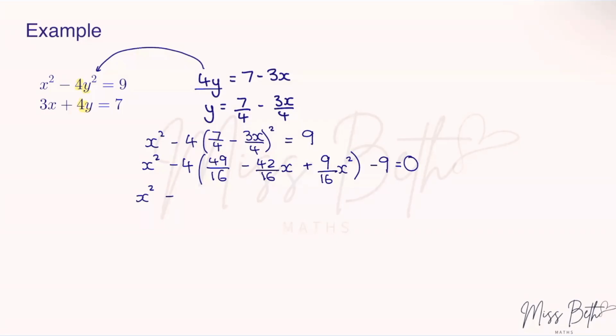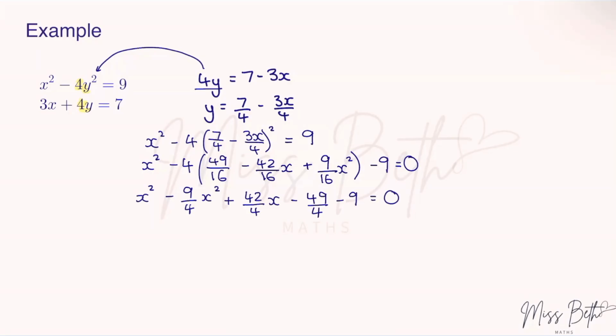So we're going to have minus 9 over 4x squared, adding 42 over 4x, and we're adding because we've got a double negative. And then we're going to subtract 49 over 4, and then minus 9 equals 0.